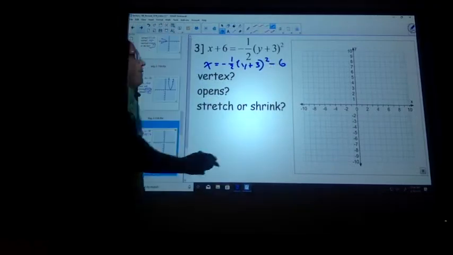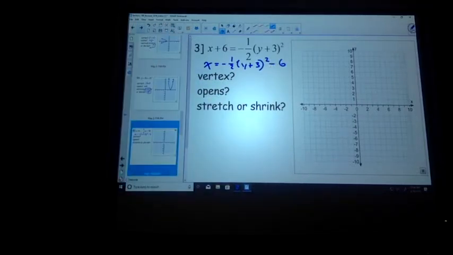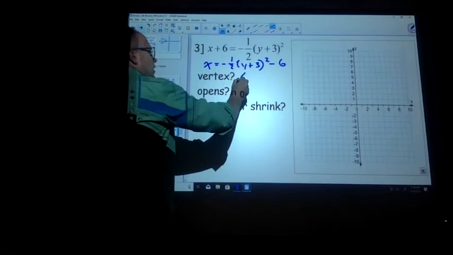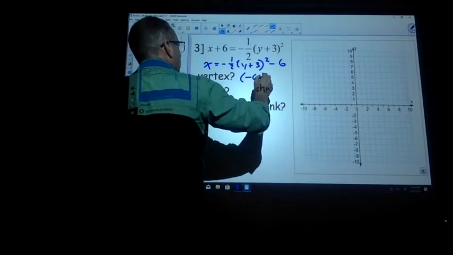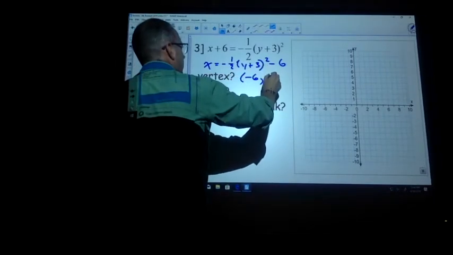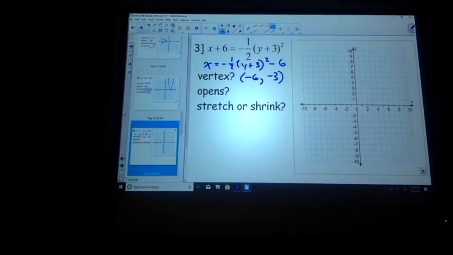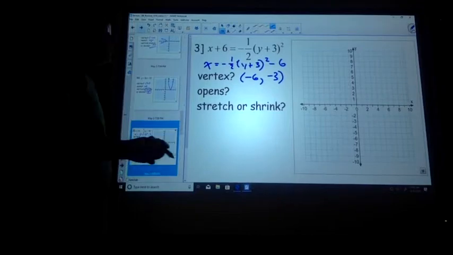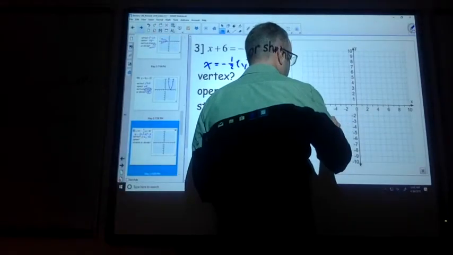Is that okay so far? Yeah. So remember, we refer to this. So my vertex is going to be at -6, -3. Remember, it's going to be flipped. It'll be flipped on us because it's sideways. So -6, -3.